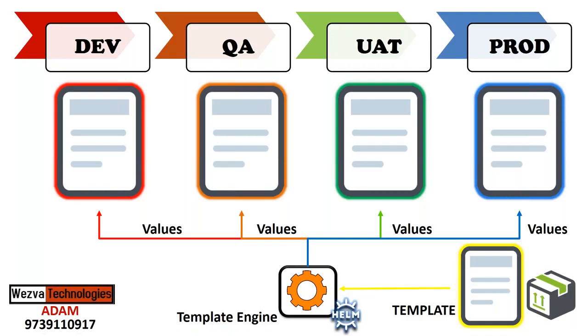And this template is what we are going to actually use and install on any of the environments we need. And when we install, we are going to pass whatever values. Based on that, the content will be deployed into your cluster. So that's how charts will be useful for us. Just remember this.